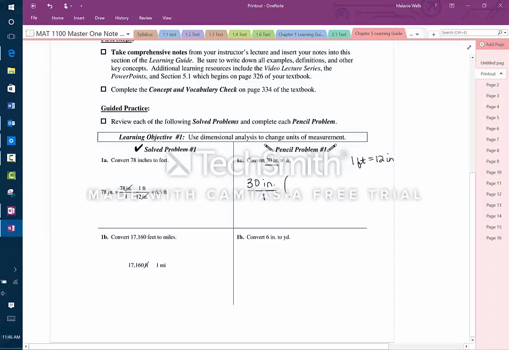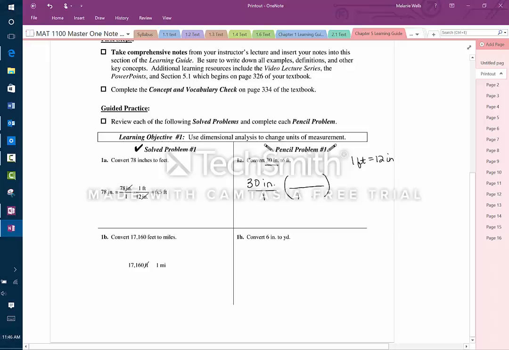Now we're going to multiply that by a conversion factor. And what we want to do is get rid of inches and change it to feet. So if you think about multiplying, if I have inches in the denominator, then I can actually cancel out those common factors or those common units.